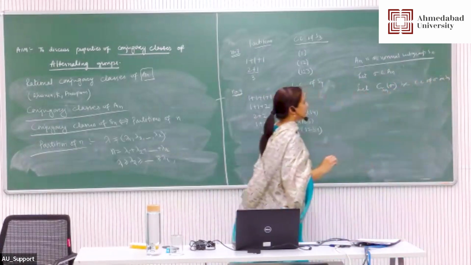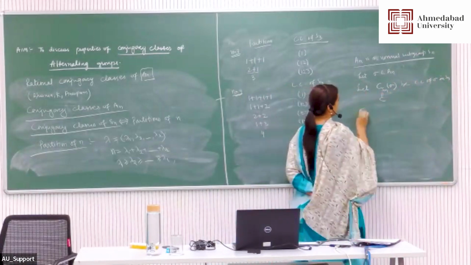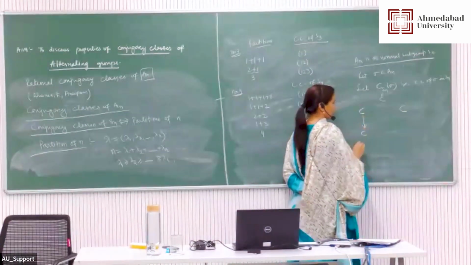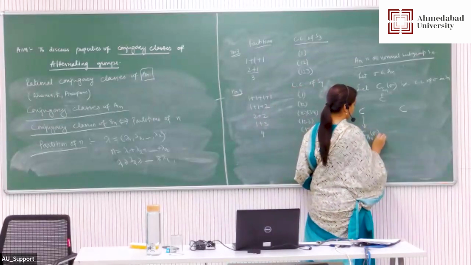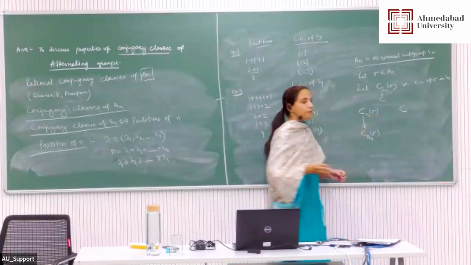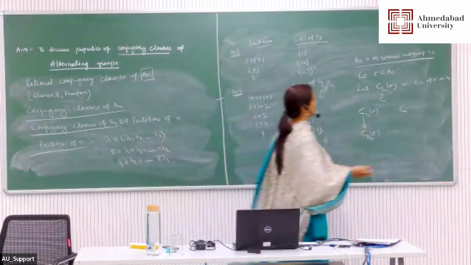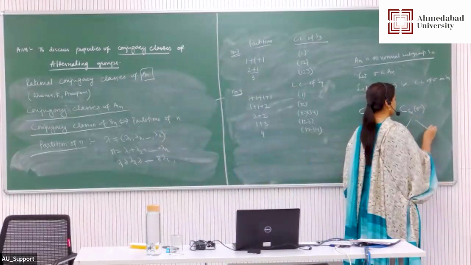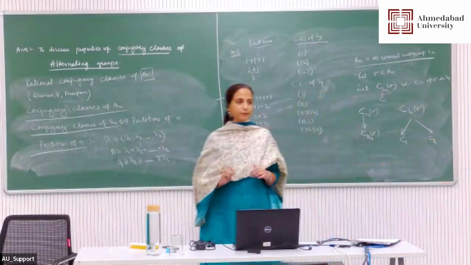Then there are 2 possibilities. One is that this remains a conjugacy class in An as well. That is, the conjugacy class of sigma in Sn is the same as the conjugacy class of sigma in An. The second possibility is that this conjugacy class is splitting into 2 conjugacy classes in An.